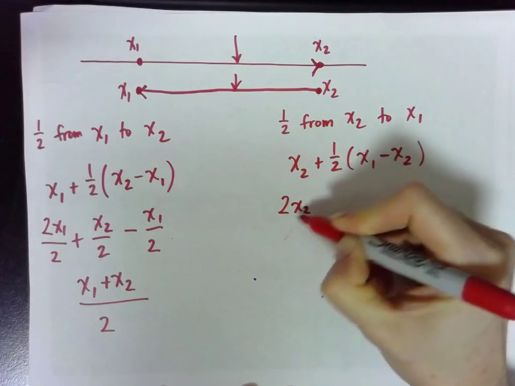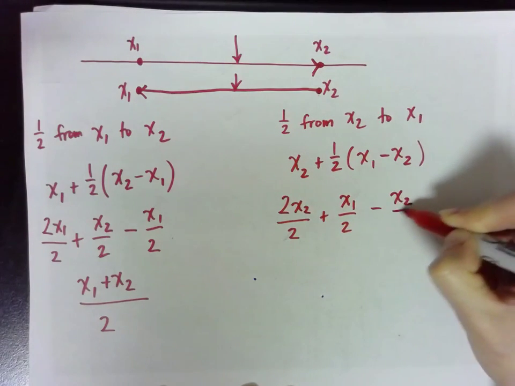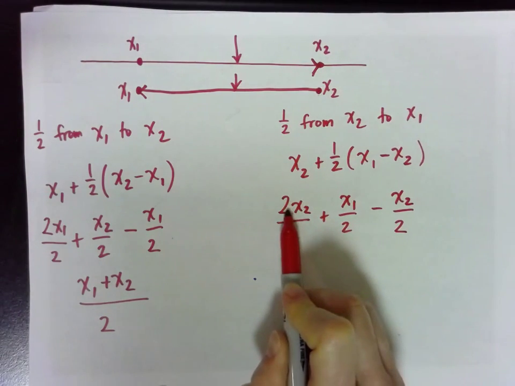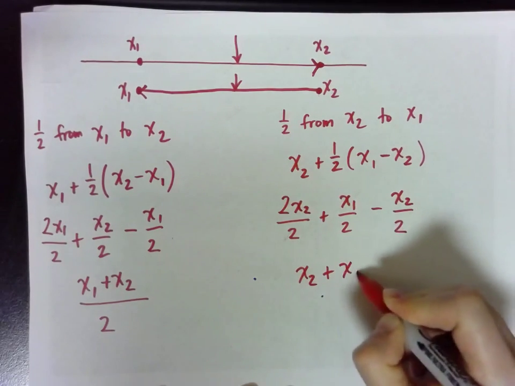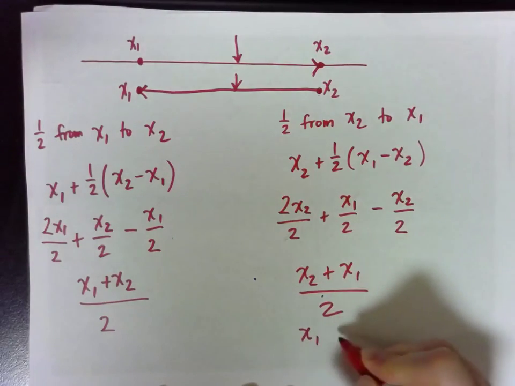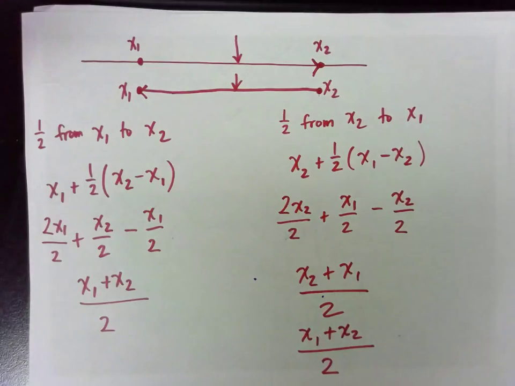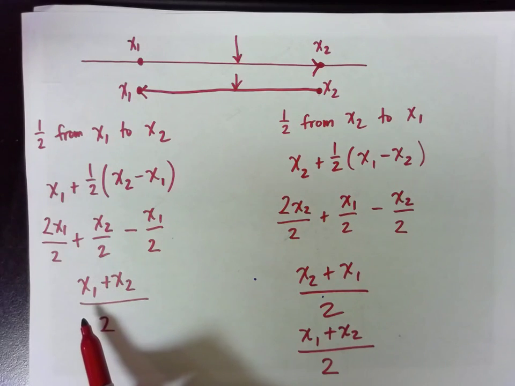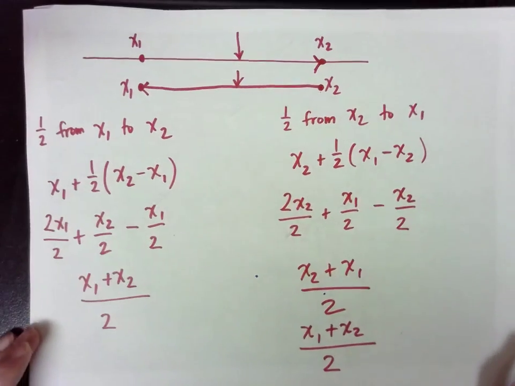We'll get 2x2 over 2 plus x1 over 2 minus x2 over 2. When we do 2x2 minus x2, we just get x2. And we still have our x1. Of course, if we rearrange this, using the commutative property of addition, we can rewrite this as x1 plus x2 over 2. So it doesn't matter what the terminal and what the initial are. The way that you find the midpoint is to add the two x values and divide by 2.